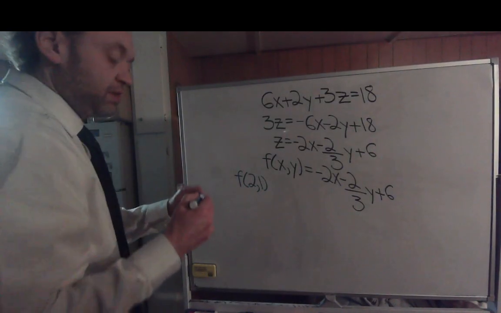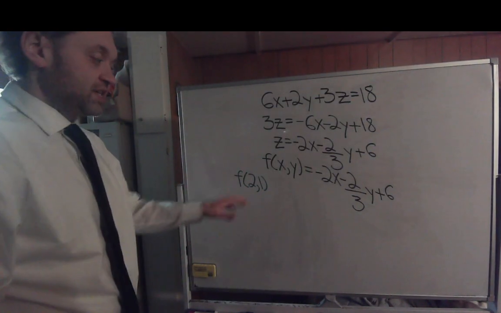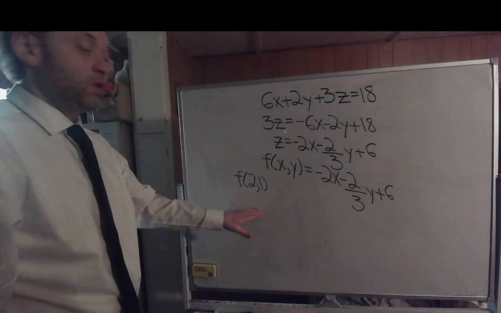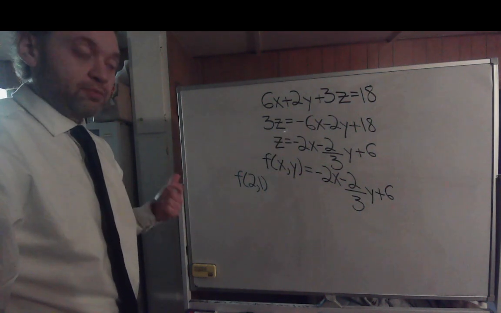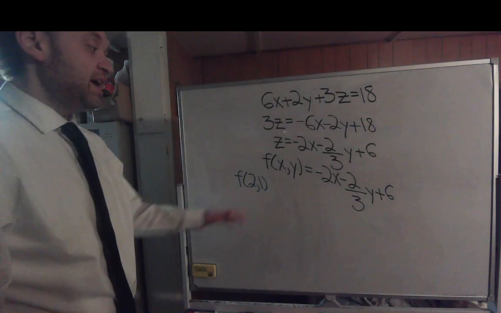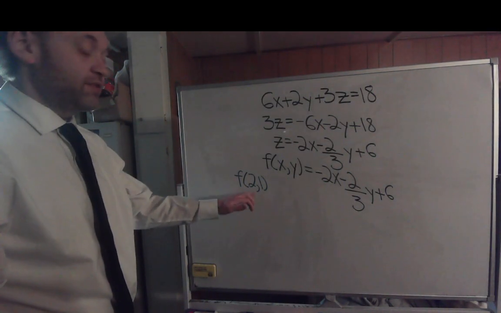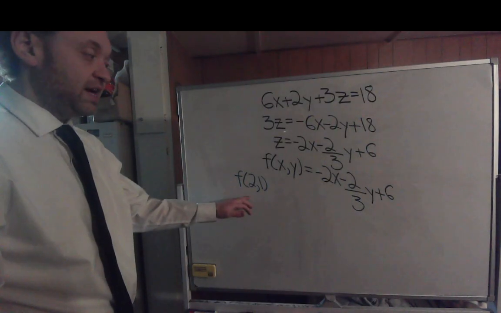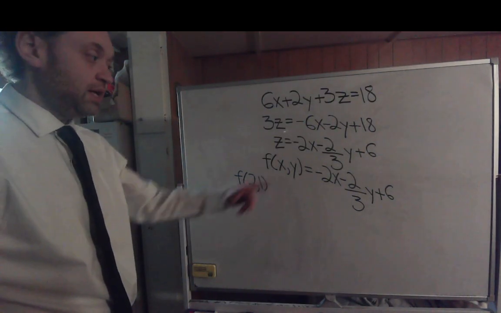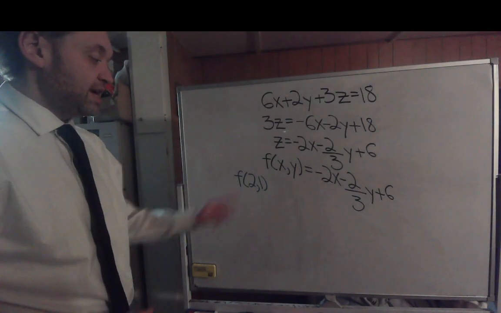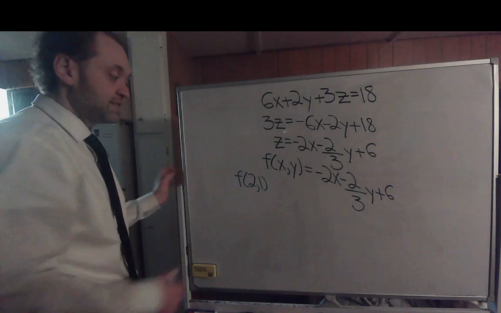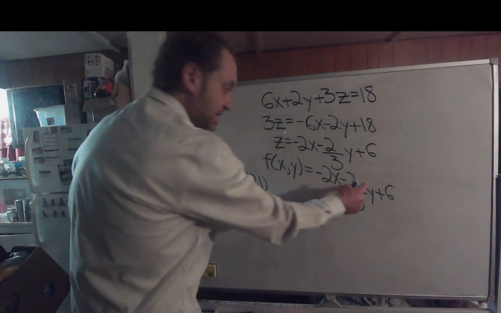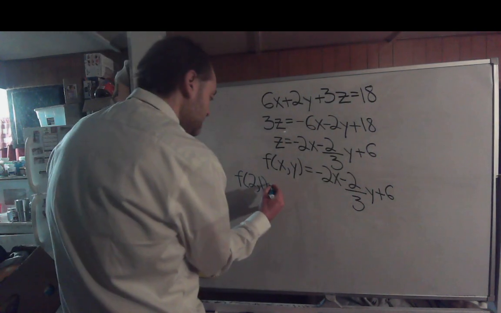Everybody should know how to evaluate just f of 2 or just f of 1 in a two variable equation. Well, it's kind of the same idea when you have a three variable equation. To find the value of z, which is your f of x, y, you're going to take that x coordinate of 2, stick it in for x, take your y coordinate of 1, stick it in for y, and solve.